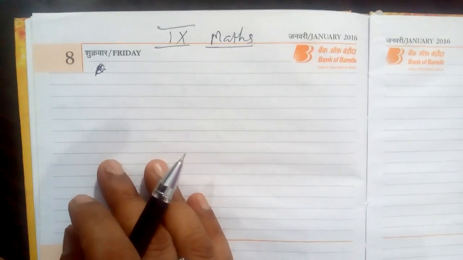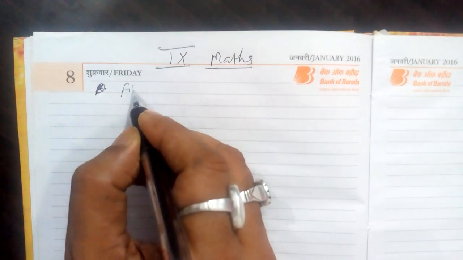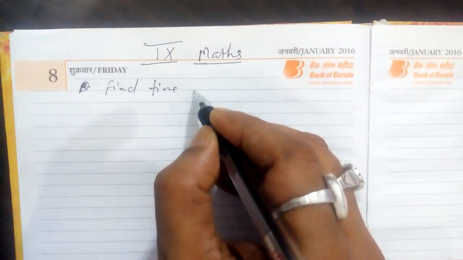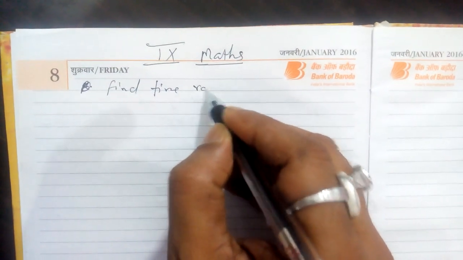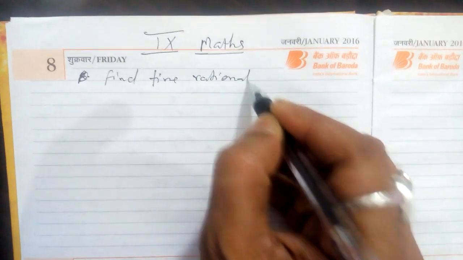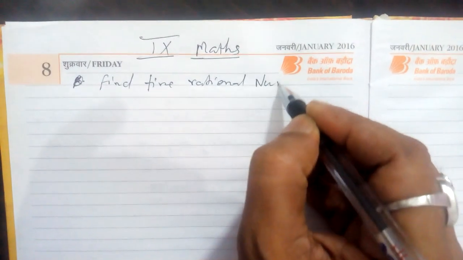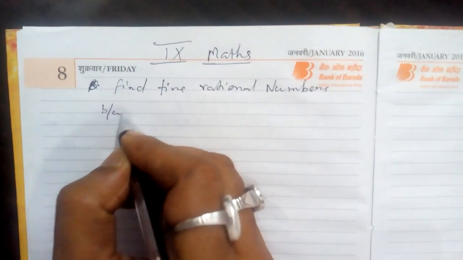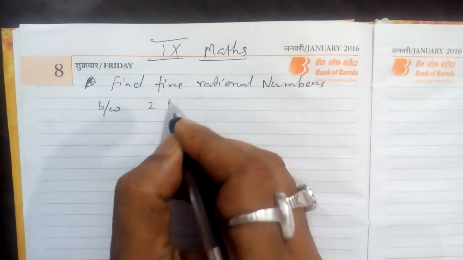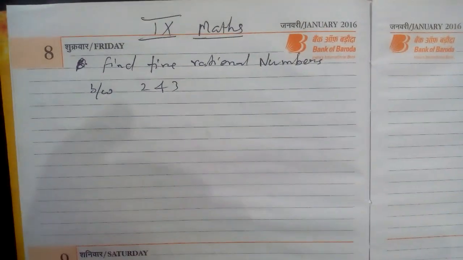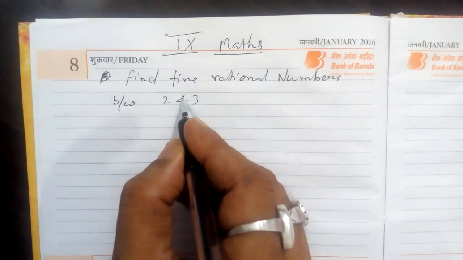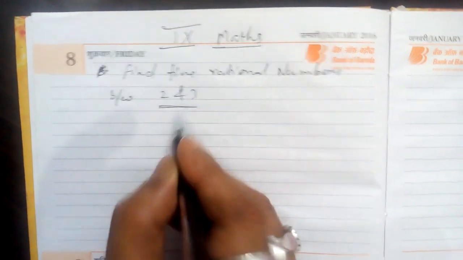Here you will study: find 5 rational numbers between 2 and 3. It is a question. Between 2 and 3 you want 5 rational numbers.